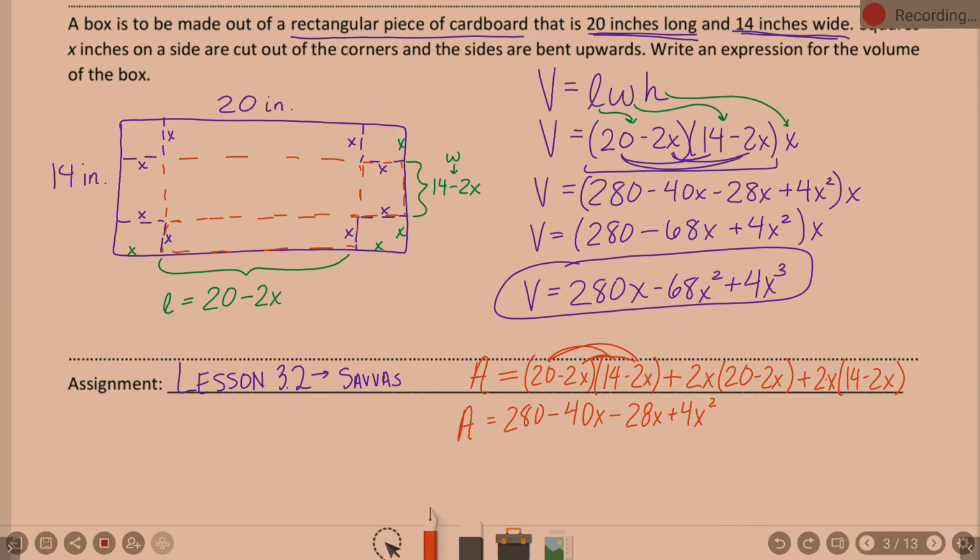Your other pieces are each a distributive property. 2x times 20, 40x. 2x times minus 2x, minus 4x squared. And 2x times 14, plus 28x. 2x times minus 2x, minus 4x squared.